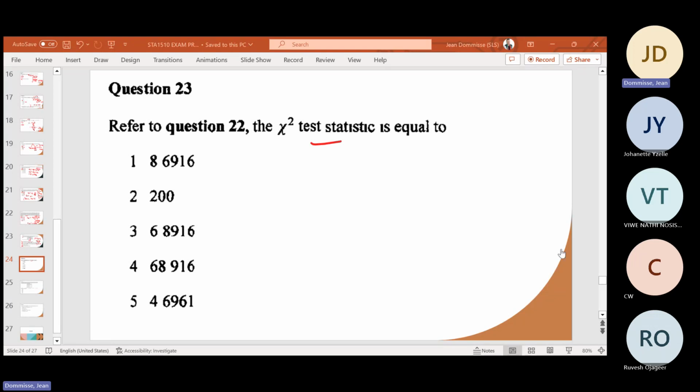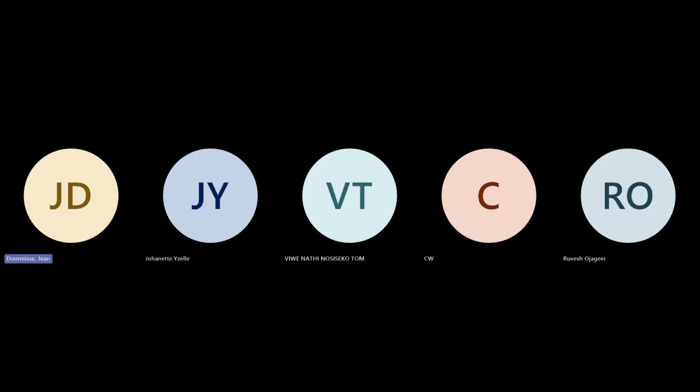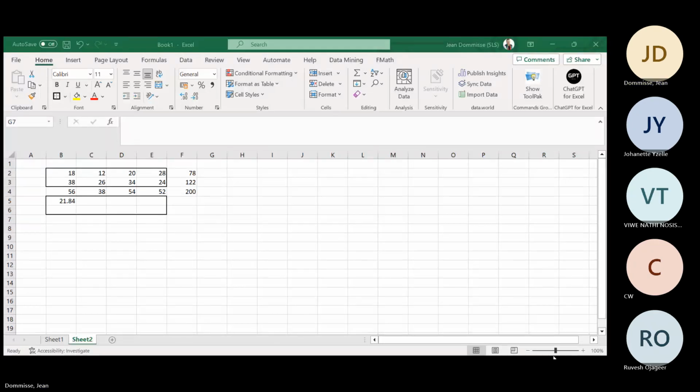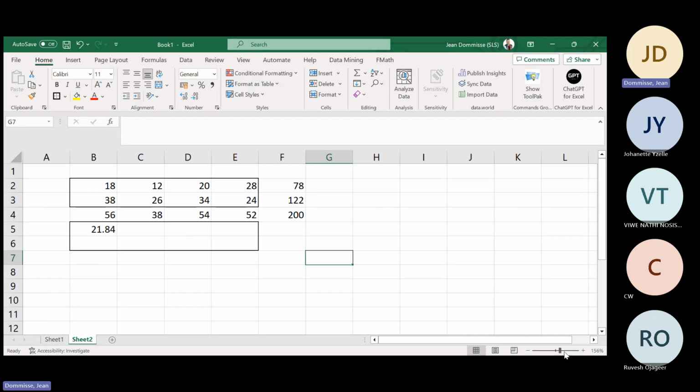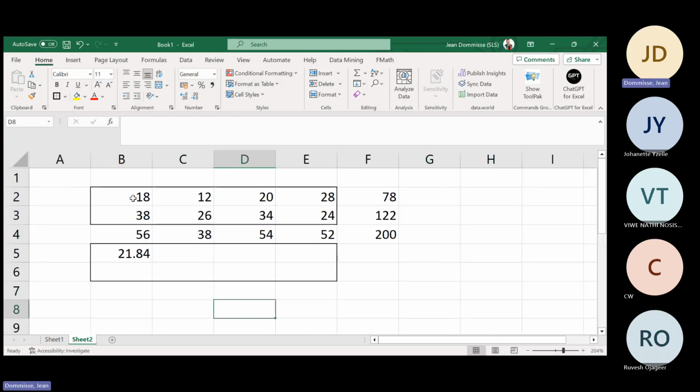So let me quickly share with you the Excel that I have opened. And let's just make it a bit bigger. Okay, so you can see I now have it that is the original data. There's your totals. The totals wasn't in there.